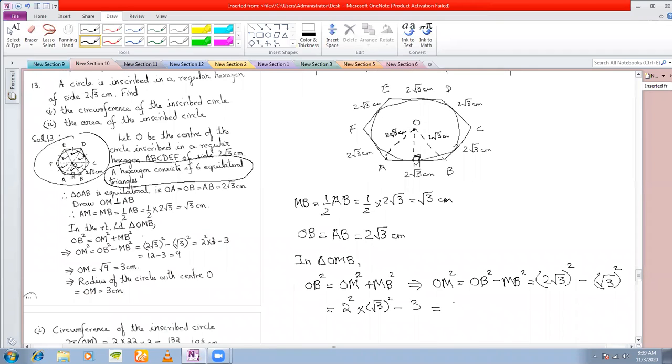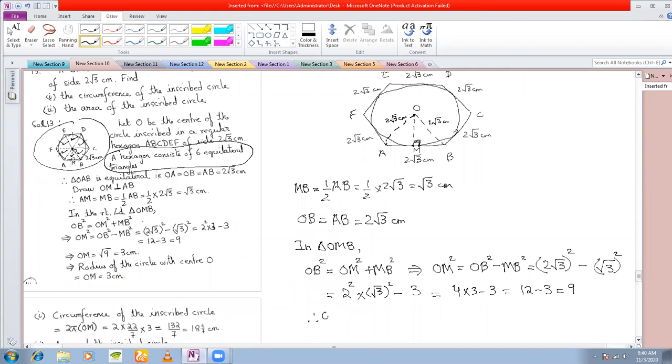So this gives you 4 into 3 minus 3, which is 12 minus 3, which comes out to be 9. So therefore, OM is the square root of 9, which is 3 centimeters. So we have found out the radius of this circle.